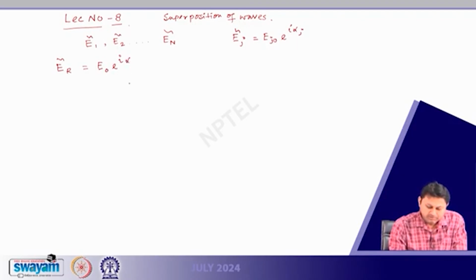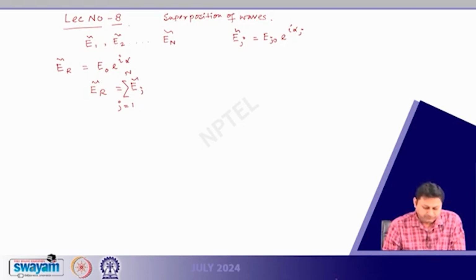Then Er tilde is the sum over j from 1 to n of Ej tilde.